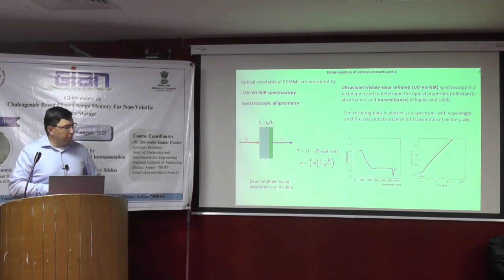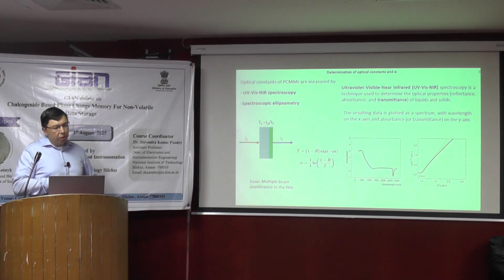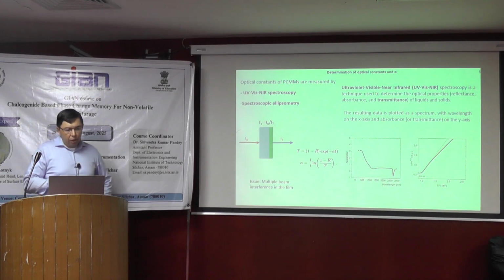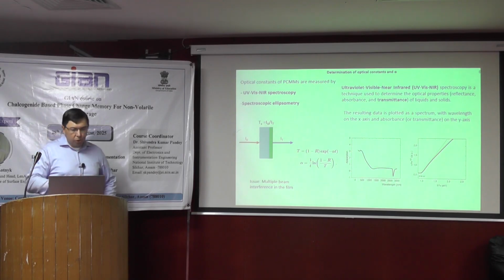But there is a problem in the case of thin film. If you want to measure, you can have multiple scattering inside of your system, like at the interface or at the surface. If the thin film is not flat, then you can get trouble with your examination of your data.